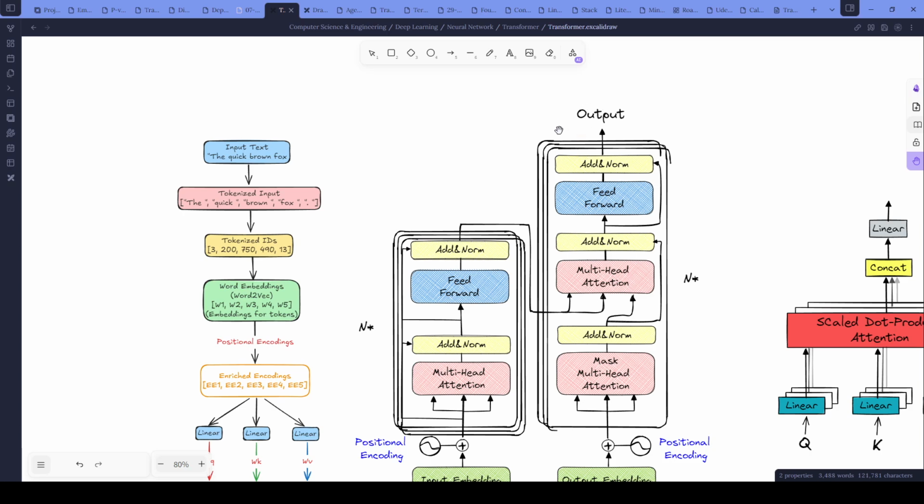This output goes through a normalization, and there's a final layer that acts as a classifier. There's a softmax function that acts as the classifier. The classifier size is the same as the word embedding vector.